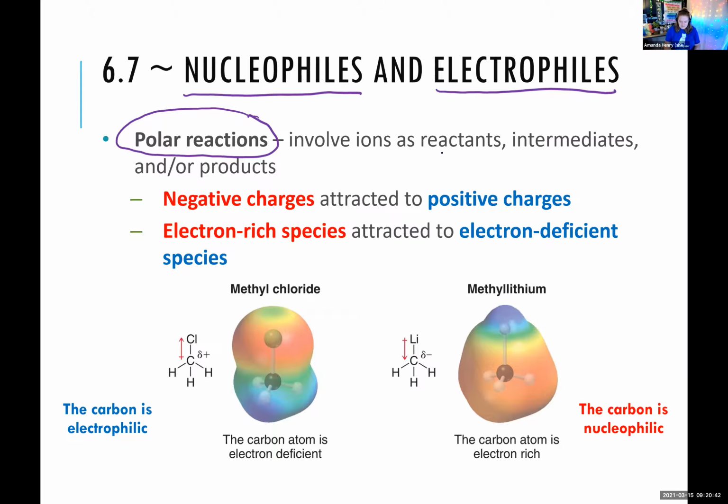And notice it's telling us that this could be from the reactants, the intermediates, or the products. There just has to be some type of attraction in there. We know negative attracts positive, which means that something that's electron rich, which would be the negative thing, is going to be attracted to something electron deficient, meaning it is lacking electrons. So that's the positive thing.